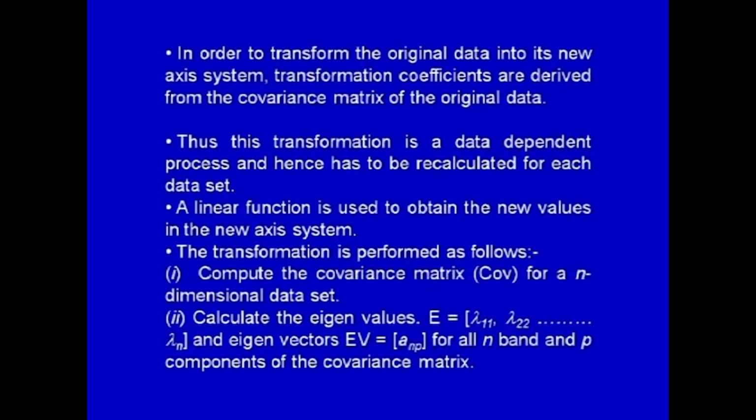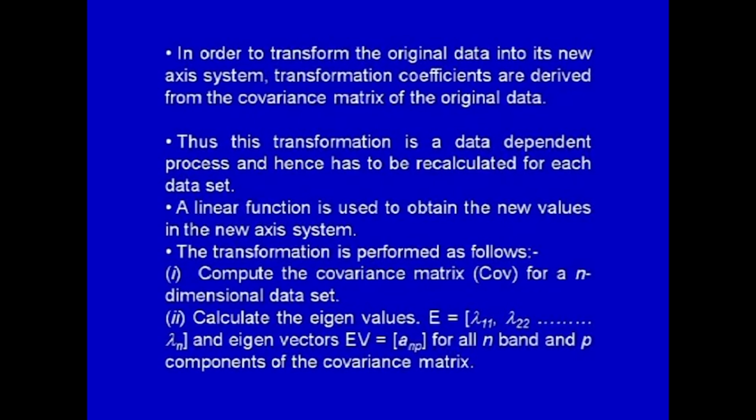In order to transform the original data set into its new axis system, transformation coefficients are derived from the covariance matrix of the original data set. Thus, this transformation is a data-dependent process and hence has to be recalculated for each data set. A linear function is used to obtain the new values in the new axis system.